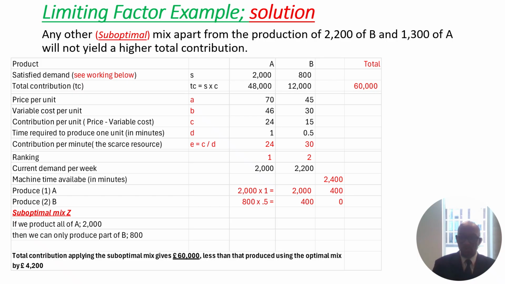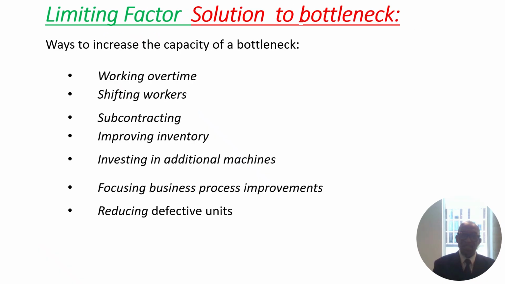And in this situation, how do we solve this bottleneck? The list of possible actions to take is shown in the next slide. You can work overtime. You can shift workers to work different shifts. You can subcontract the work to external bodies or organizations. You can also improve the inventory system.